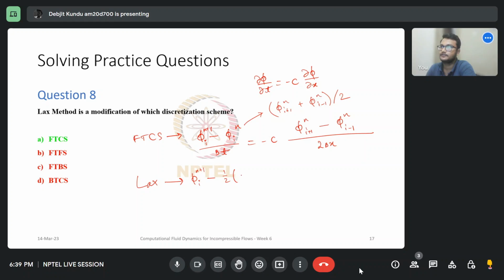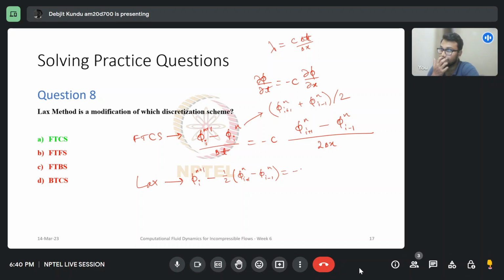So that it boils down in this way. We'll take half, then phi I plus 1 plus phi I minus 1, both at the nth time level, and I'll now send this delta t over to the right hand side, and we have c, so we'll define lambda as c delta t divided by delta x.